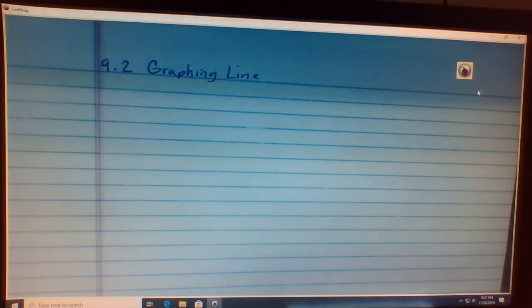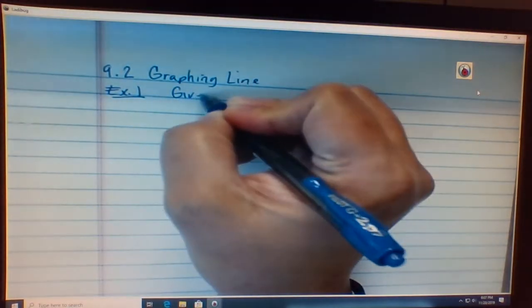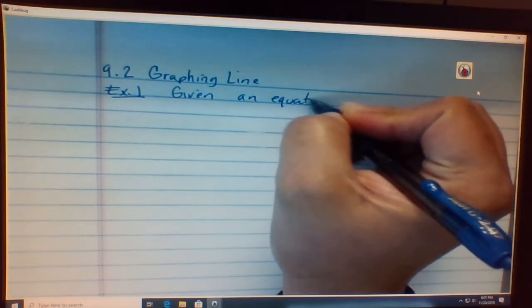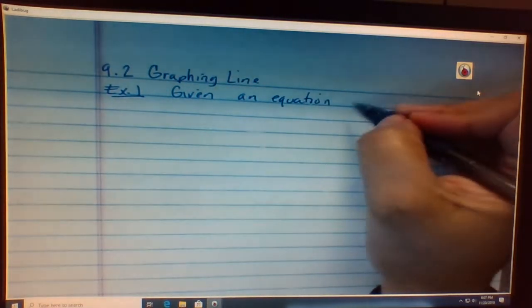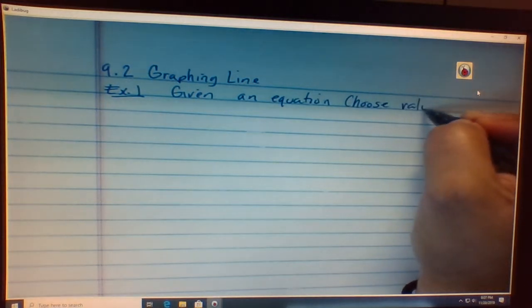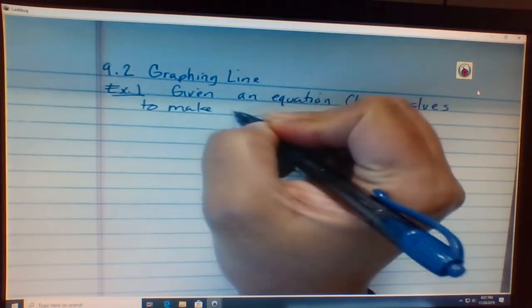So first thing is, example 1, given an equation, choose values to make a table.